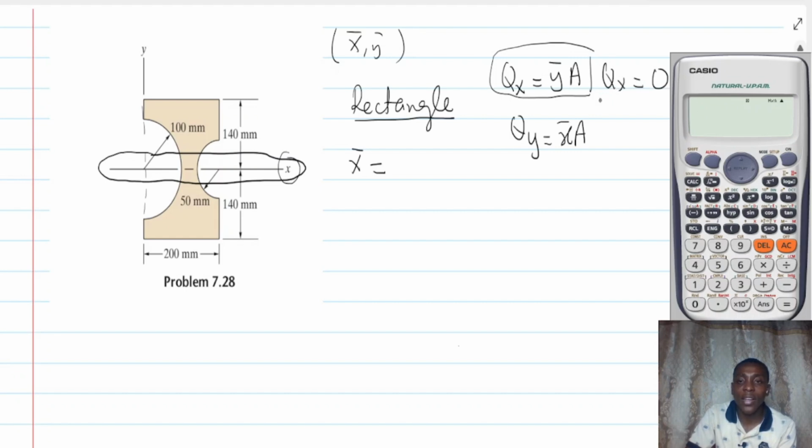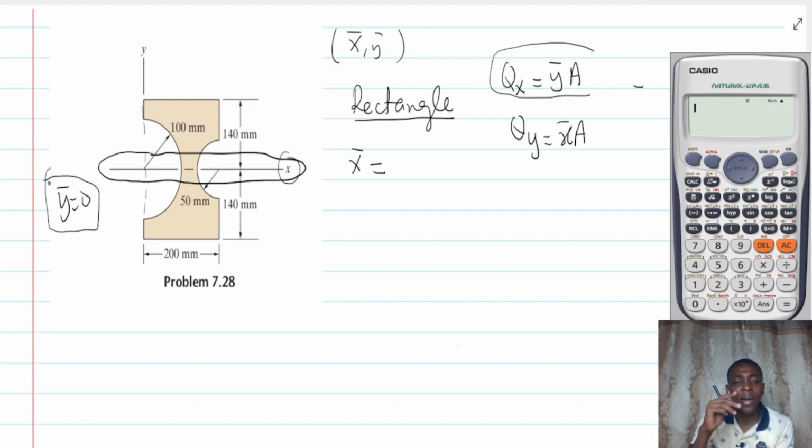And if Qx is 0, y bar will be 0. To summarize, whenever the x-axis divides the area into exactly equal halves, y bar is 0. And whenever the y-axis divides the area into two equal halves, then x bar will be 0. So for this problem, the y bar is actually 0.